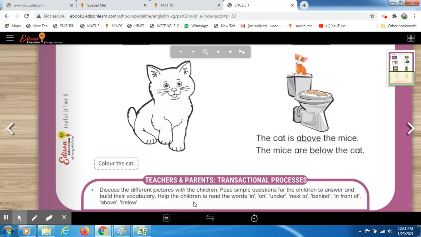Help the children to read the words in, on, under, next to, behind, in front of, above, below. You just have to read those sentences, as reading will improve your vocabulary. Okay students, whenever you read a sentence or a word, what will happen? Your vocabulary will improve.